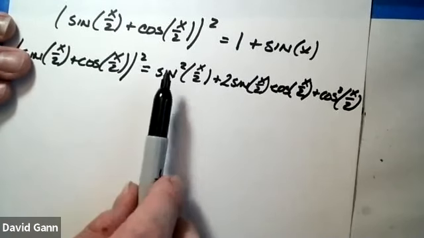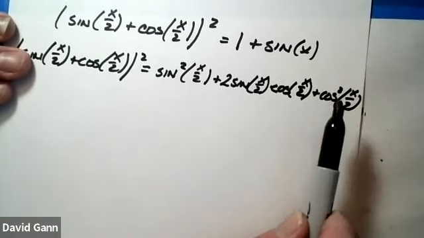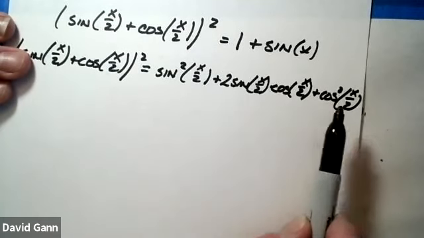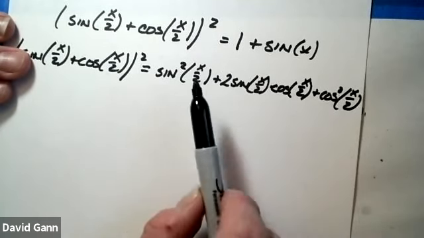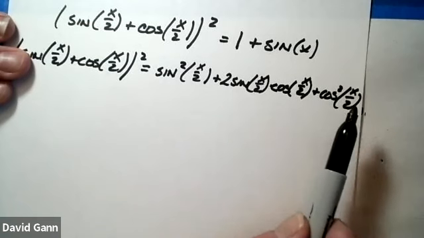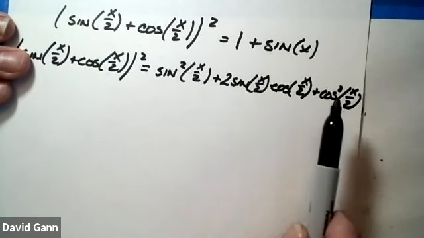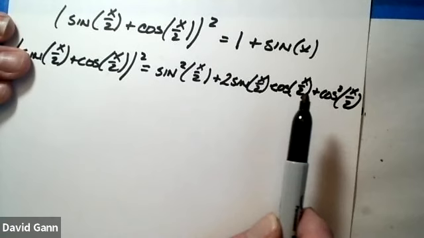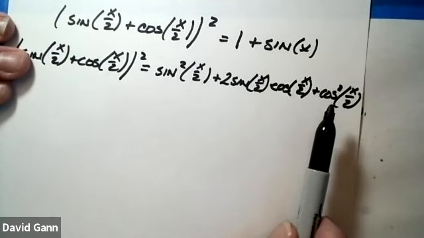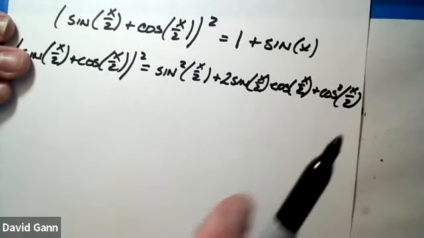Now note, this term and this term, they have the same argument, but it's sine squared plus cosine squared. There's a Pythagorean identity that tells you that those two terms combined together equals 1.